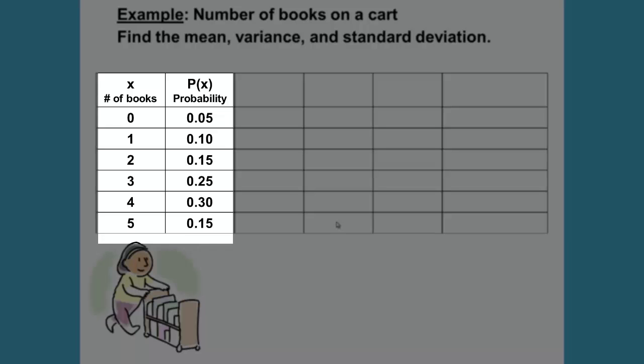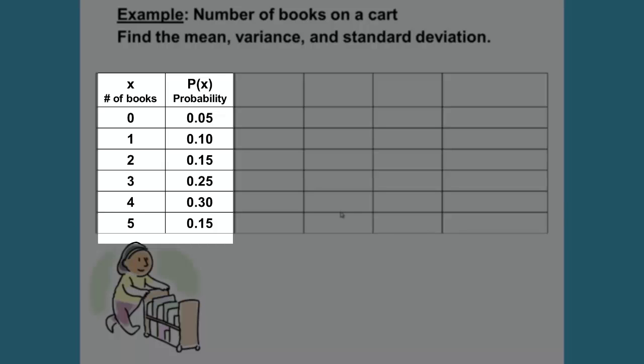The probability of X for 0 is 0.05 or 5%. For X equals 1 is 0.10 or 10%. For 2 books, 0.15 or 15%.